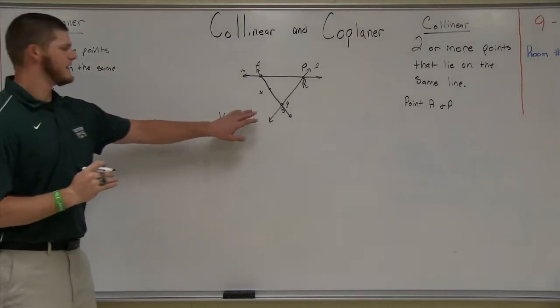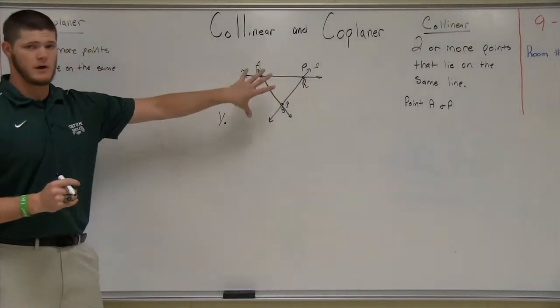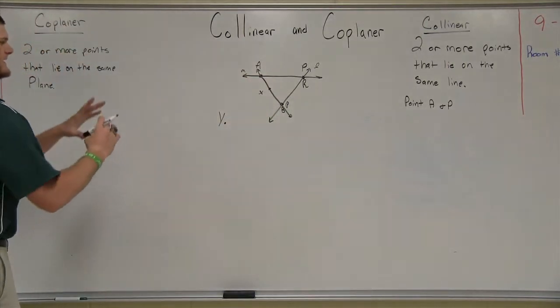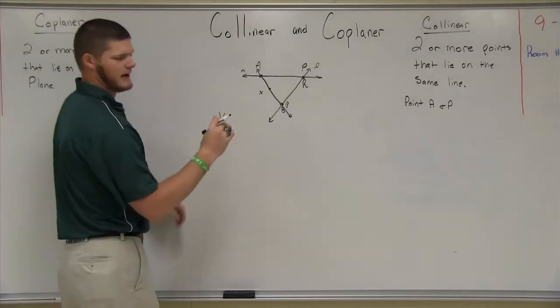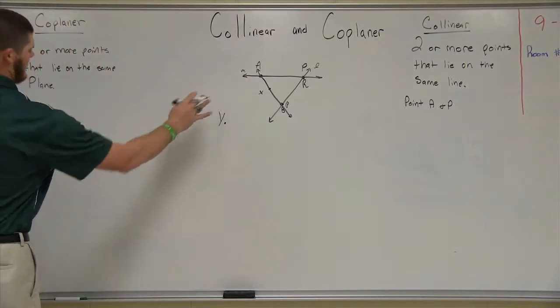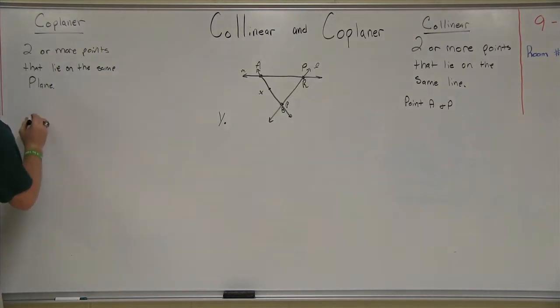We can see that point Y does not, just with our current construction. Obviously, if it's expanding, then this would include Y, but we also cannot draw depth with a two-dimensional plane here. So we would say that point Y is not on this plane.